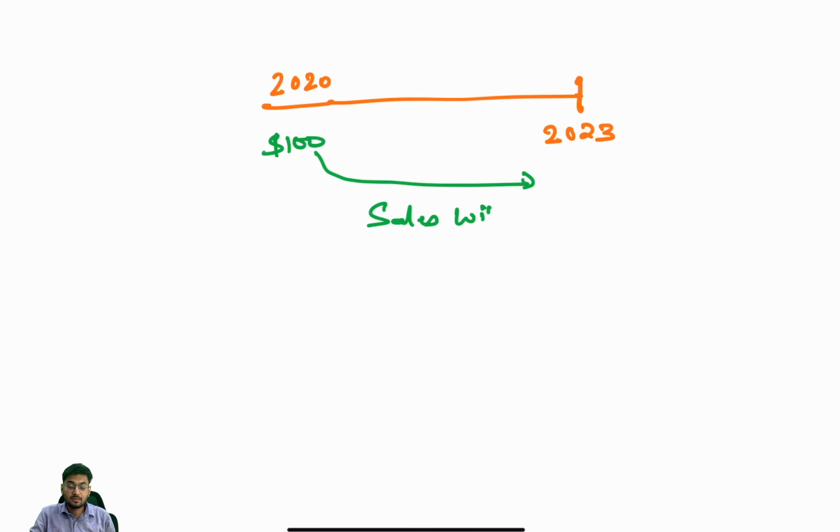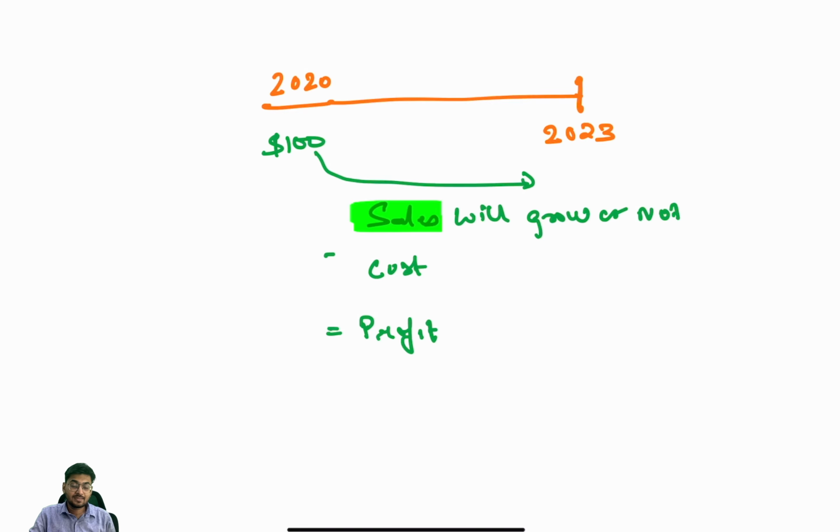How much is the cost over the period of 3 years? Because sales minus cost, only then will you come to your profits. So first you need to figure out how much your sales are, and then how much your cost is, so that you can arrive at the level of profits which you are making.